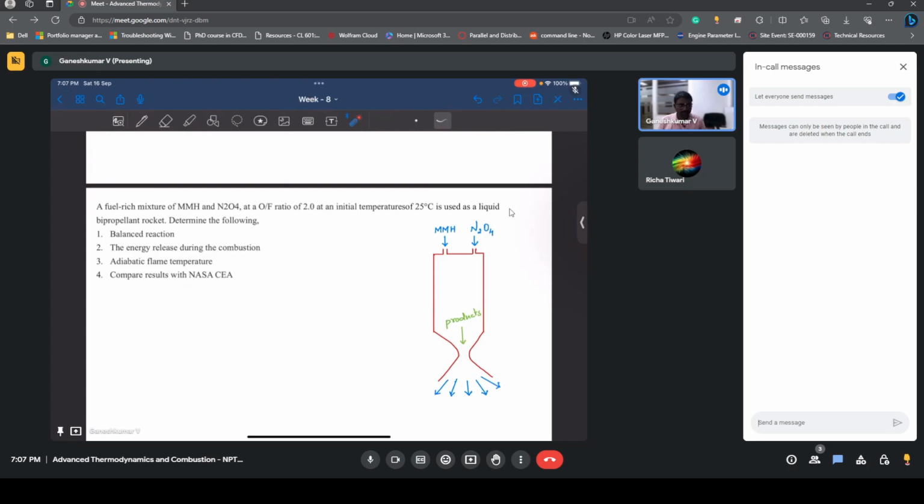We will solve it by hand, and I will also show you a demo of how it can be solved using open source software. Here I am going to use NASA CEA, so we will see how NASA CEA can be used to calculate whatever we try to do by hand.